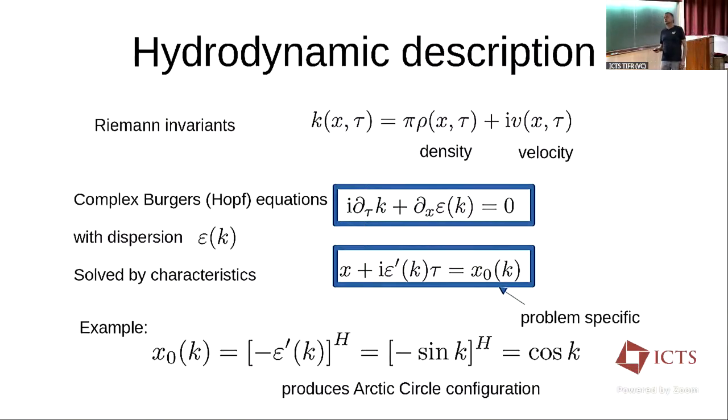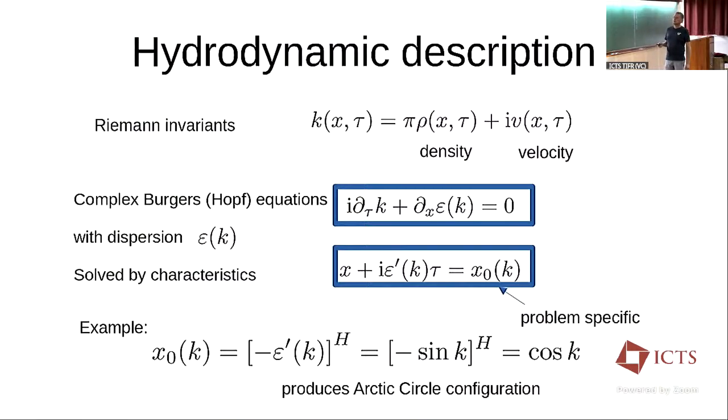It's solved by characteristics. Namely, one writes this kind of ballistic formula, x plus velocity times i tau equals, and the right-hand side is the most interesting object in my talk, because now this is a problem-specific function of the Riemann invariant k. And I will find this function, and this is all I need to know to solve my problem.